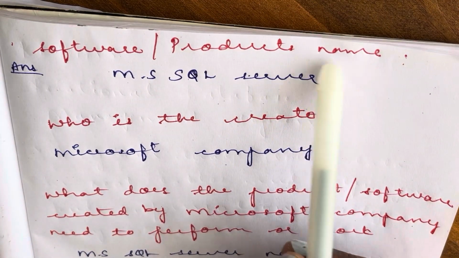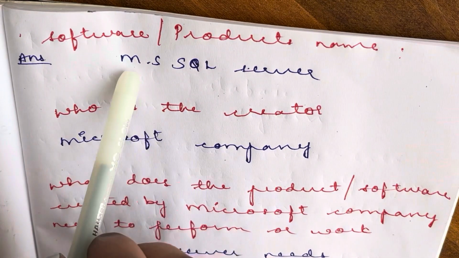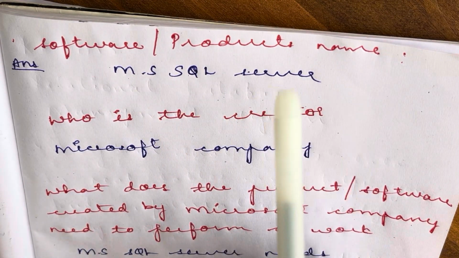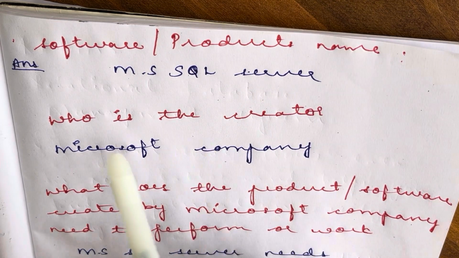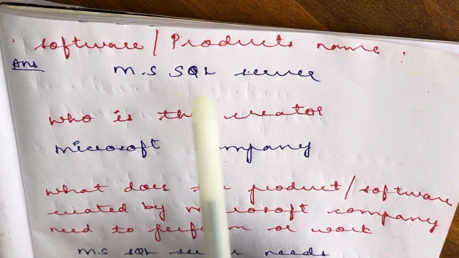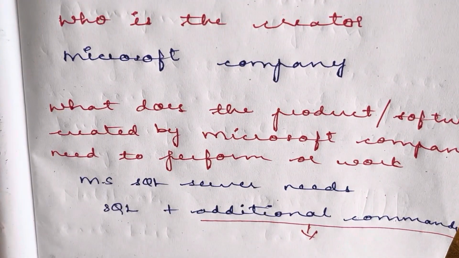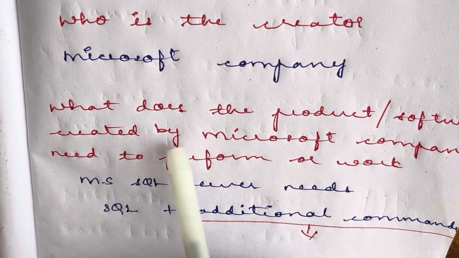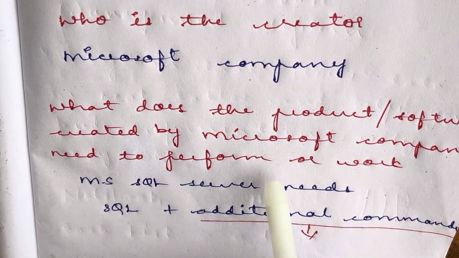First, the software or product name. We are going to see about MS SQL Server. Who created this software? Who is the creator? Microsoft created MS SQL Server. What does this product created by Microsoft need to perform or work?